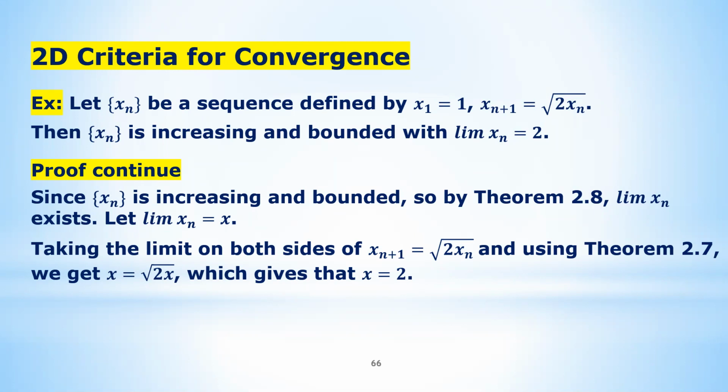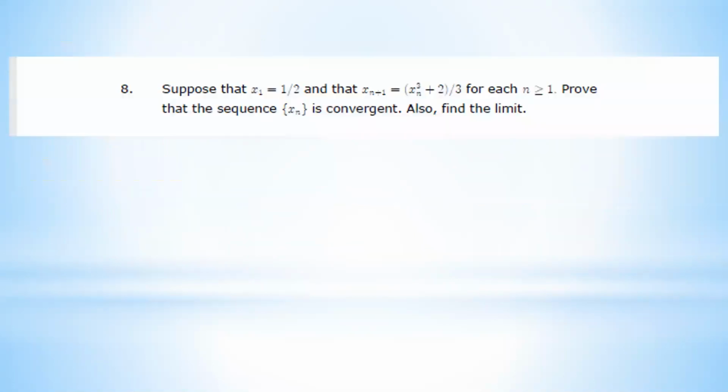So this is what I'm going to cover today. One of the additional homework problems I want you to work on is this kind: x1 equals 1/2, and x(n+1) is more complicated, equal to (xn cubed plus 2) divided by 3. This time I didn't give you any limit. I didn't say what the convergence is.